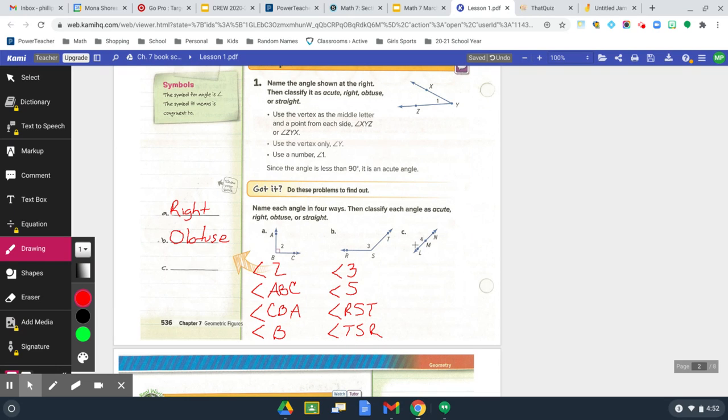Okay, letter C. This is a 180-degree straight angle. And so if we think about, even though it doesn't bend, there's still a center point on that angle. So you'll see in the center there that we could call this angle 4. Again, that's where the vertex is. That's where the center point is.